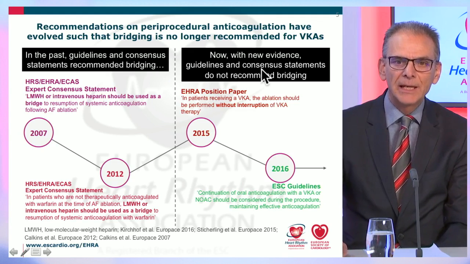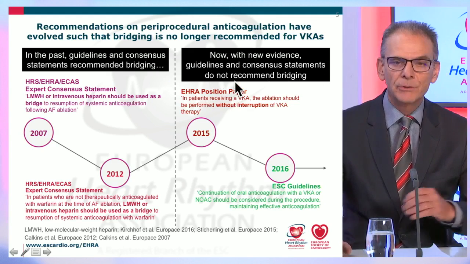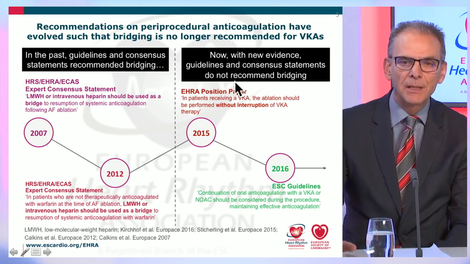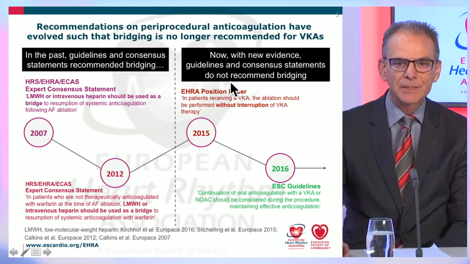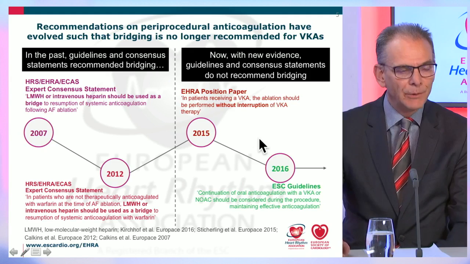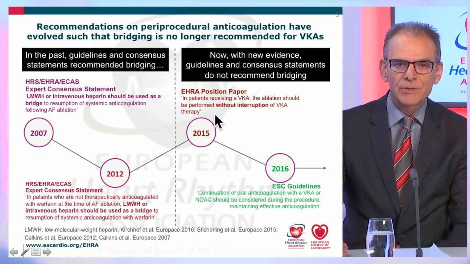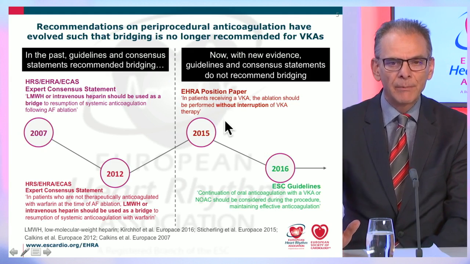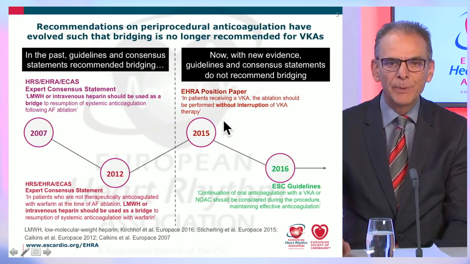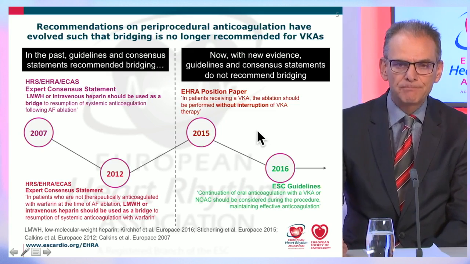And nowadays, guidelines and consensus statements no longer recommend bridging because we have learned, and Riccardo is going to elaborate on this, that bridging is associated particularly with an increase in bleeding events, but also perhaps with an increase in ischemic events. So nowadays, the recommendations from all societies are to perform atrial fibrillation ablation on uninterrupted therapy with all anticoagulants.